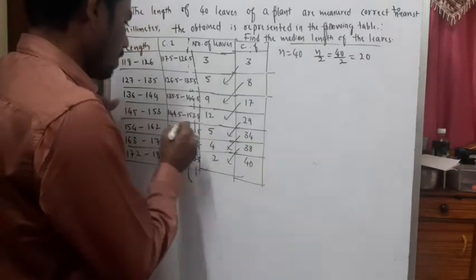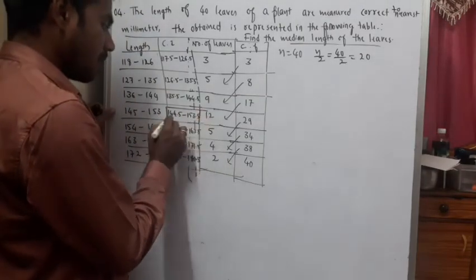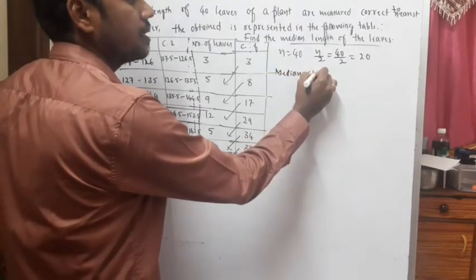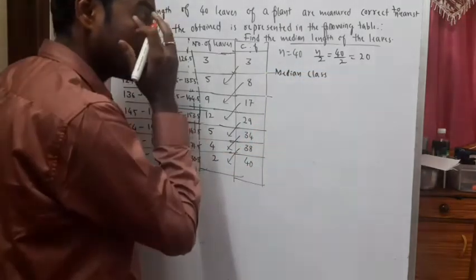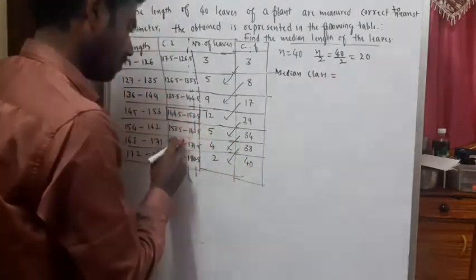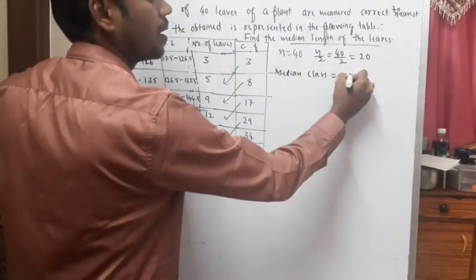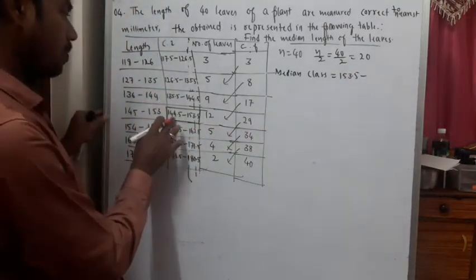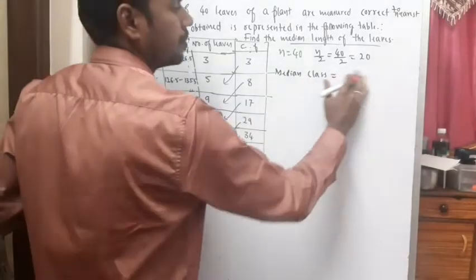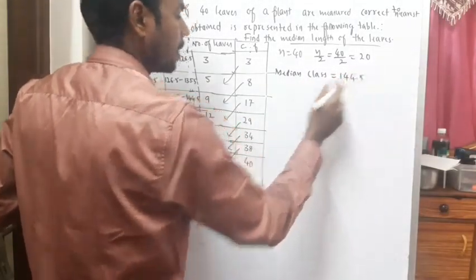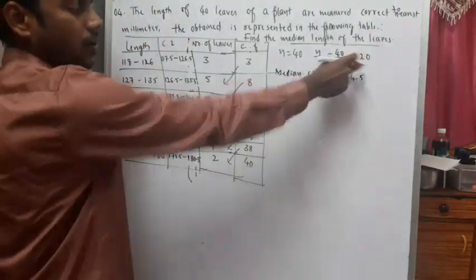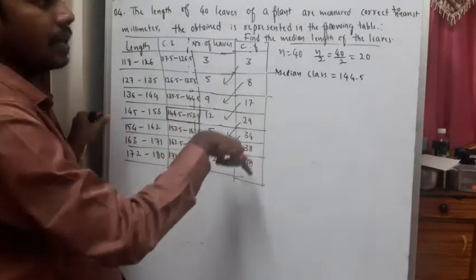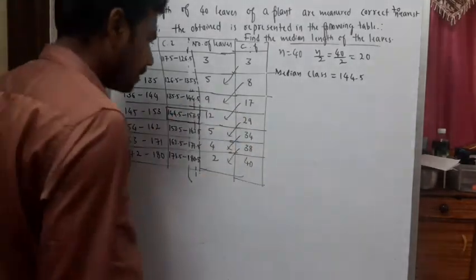So this is the median class. Whatever class interval corresponds to this 29 will be our median class. That is 144.5 to 153.5.